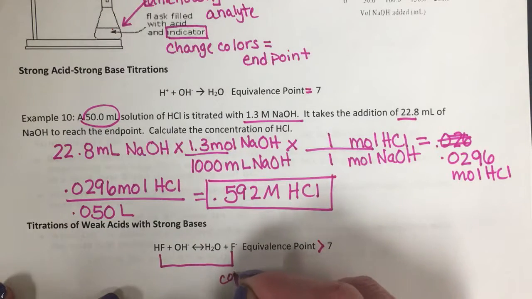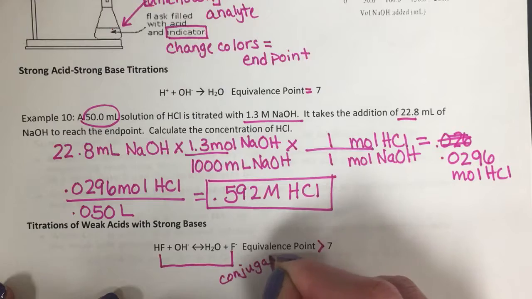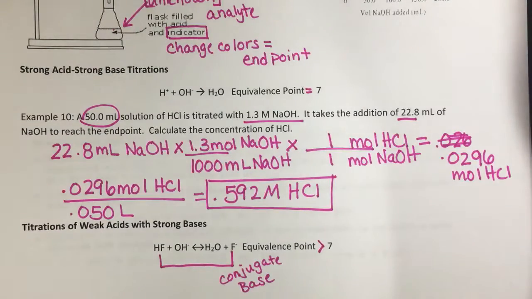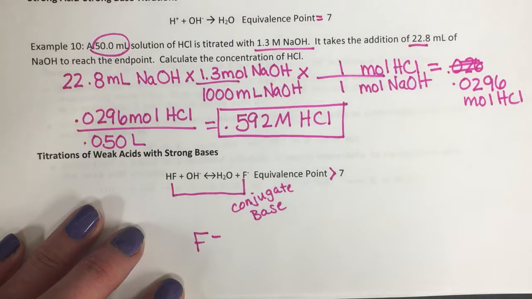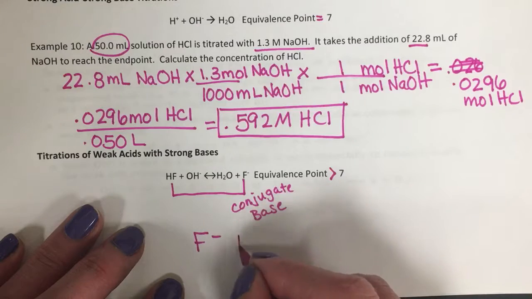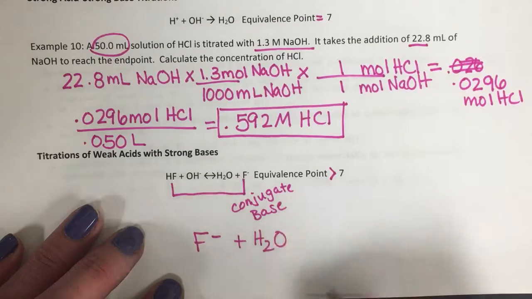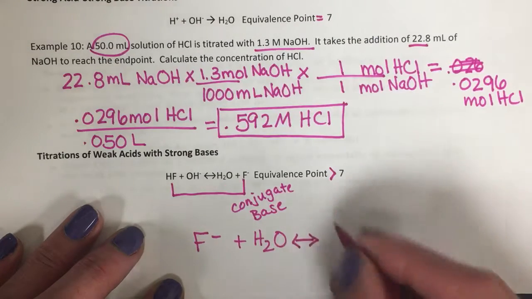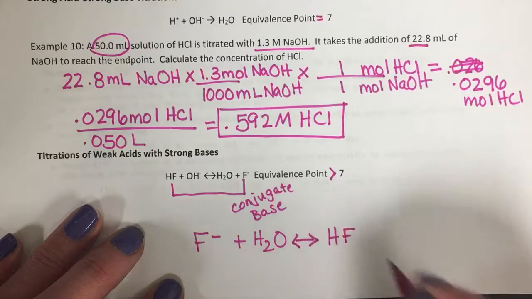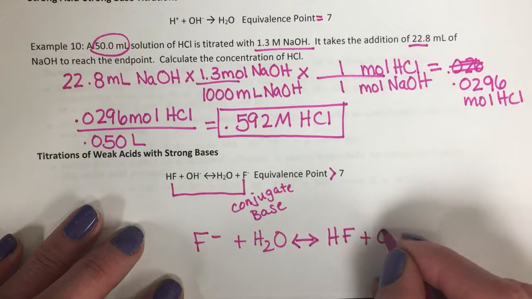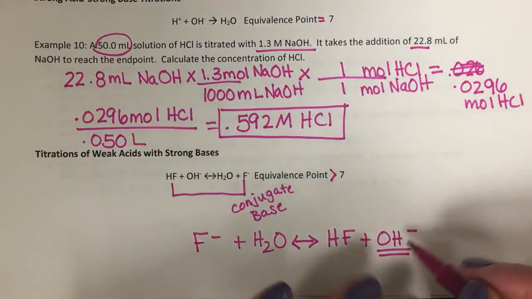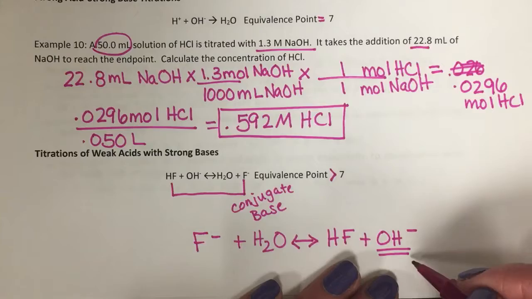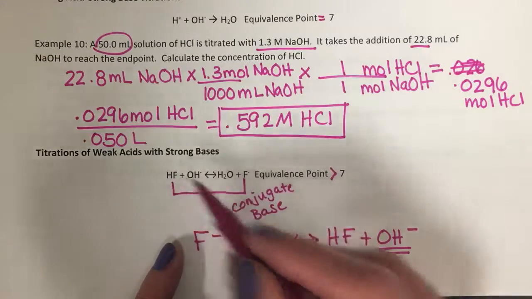F minus is the conjugate base of HF. So I've got this F minus floating around in solution. So what it's going to do is it's going to react with the H2O. It's going to form HF, and it's also going to form OH minus. So my solution is going to be slightly basic when all of this is used up.